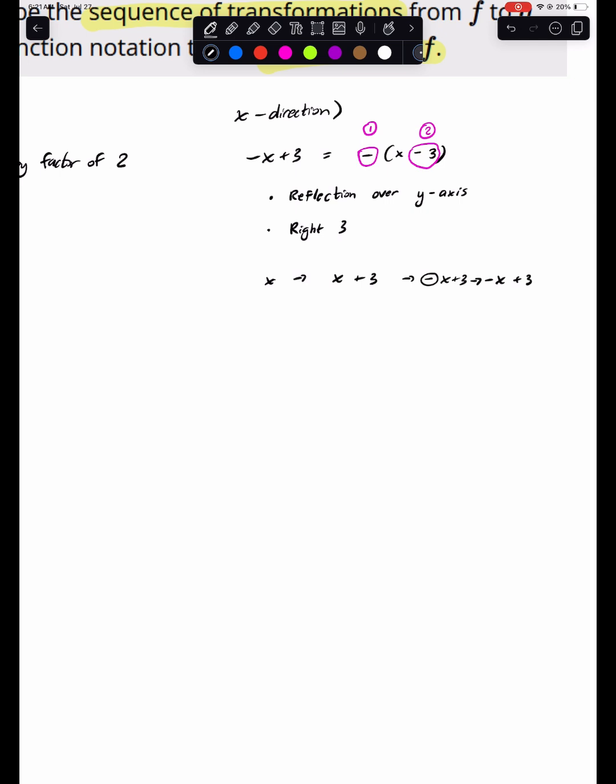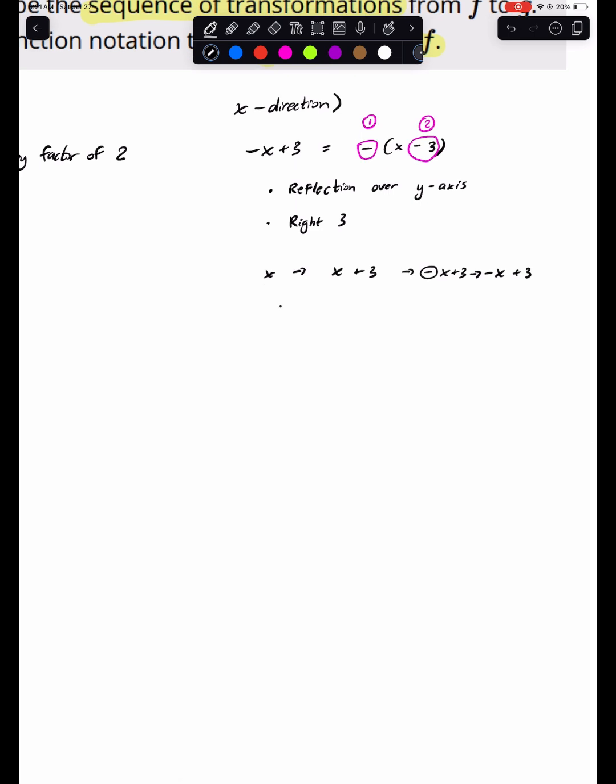So in this case, you actually go left 3 first, and then you reflect over the y-axis. This might be more straightforward to people, to do this translation first and then do the negative separately. But if you take the negative out like this, you have to do reflection first, followed by the translation. It's a bit of a tricky question, okay?